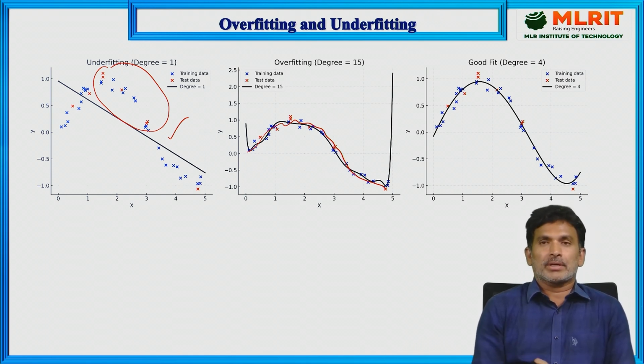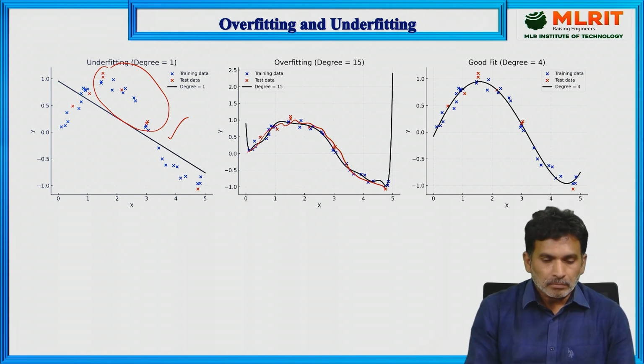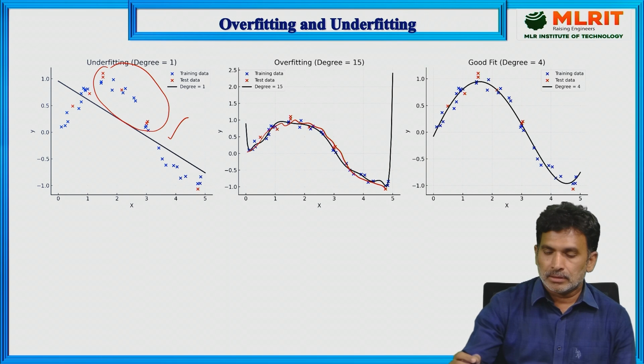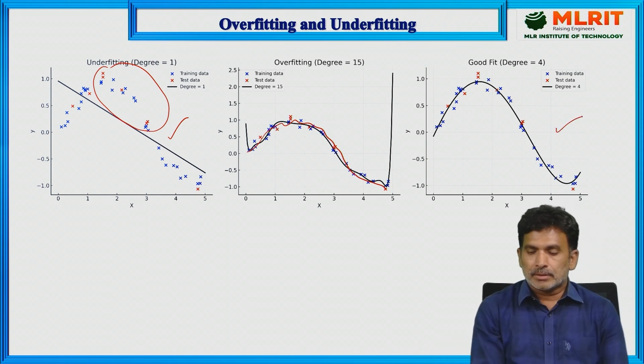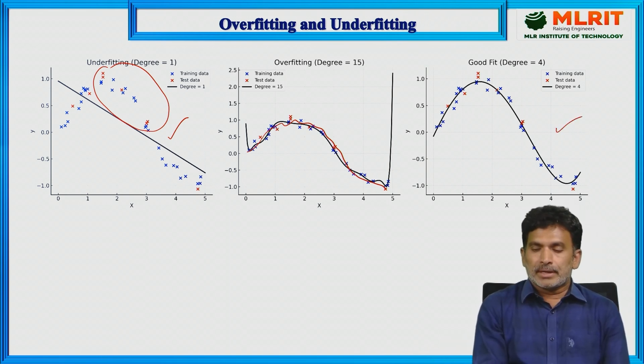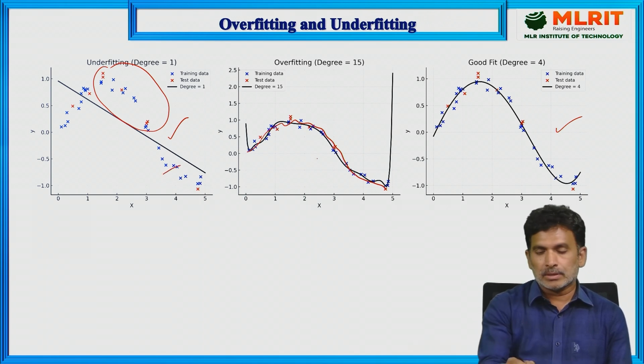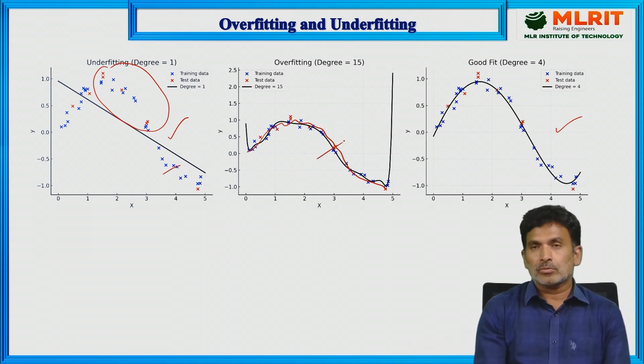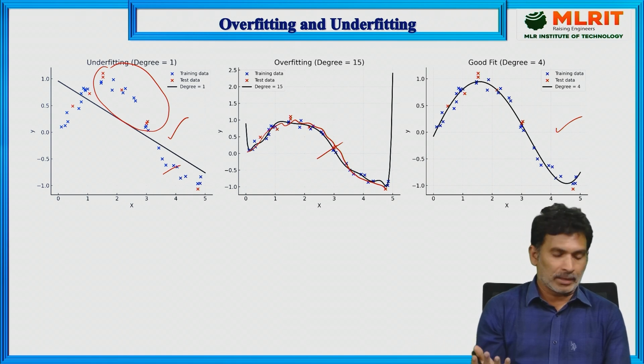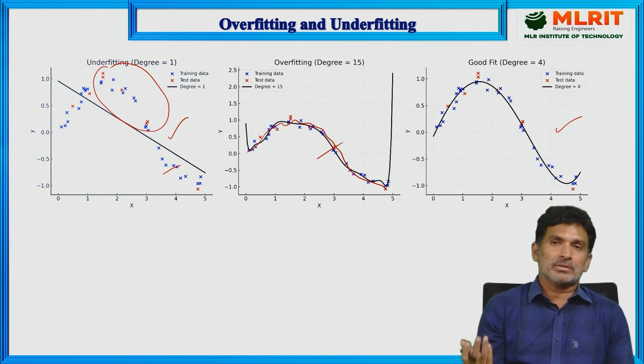That's why we need to understand the trade-off between the bias and the variance. Here you can see the third one on the right hand side, the good fit, not like this one and this one. This model would be a generalized model.